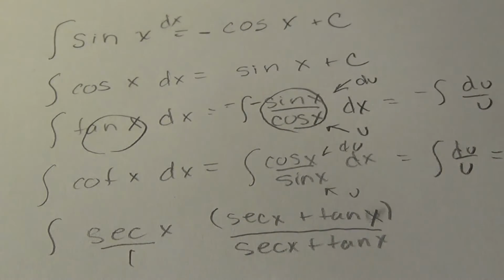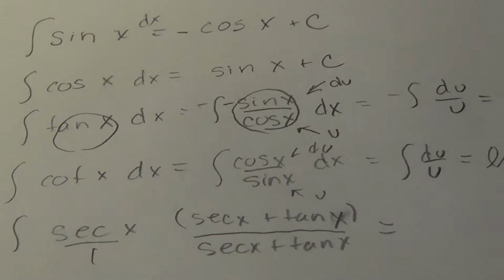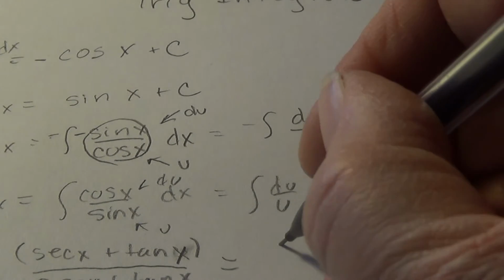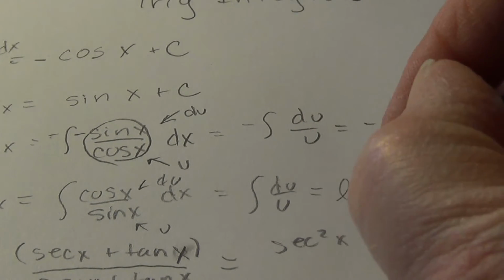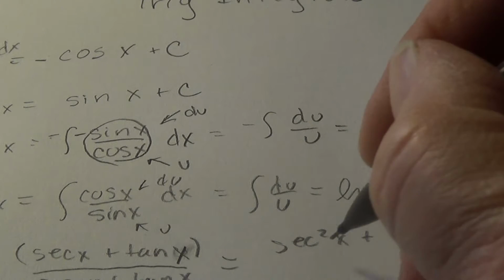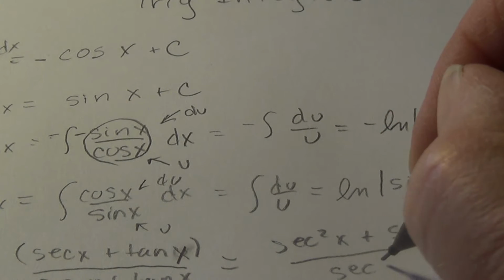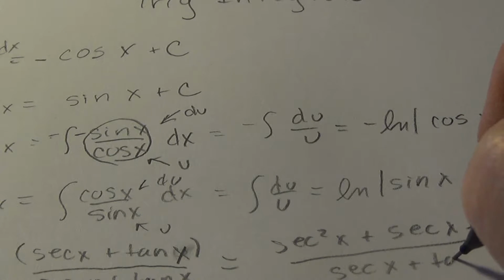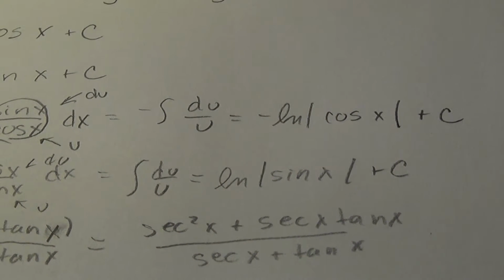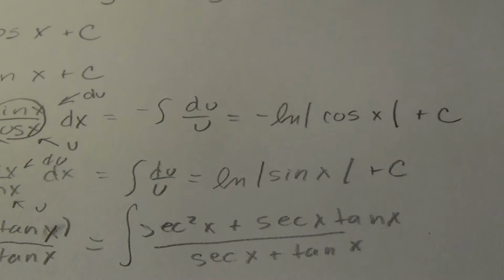So when I do that, notice the top becomes secant squared x plus secant tan, and the bottom is secant x plus tangent x. All right, so now this is behind the integral sign.